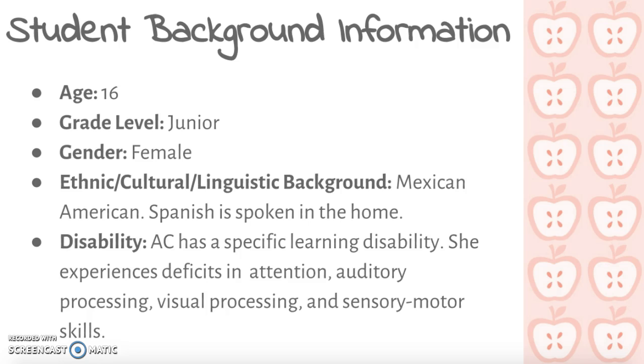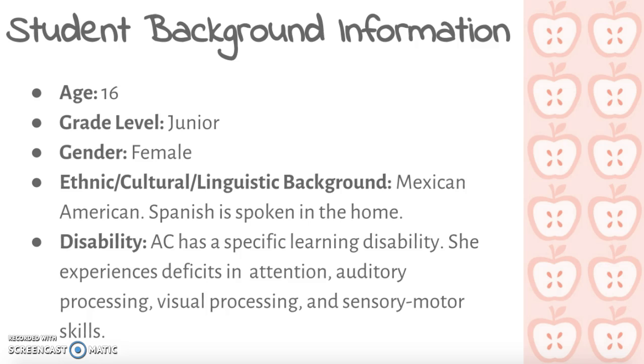Now, at first, when I learned about AC, I thought, well, so she has a specific learning disability. What does that mean? I didn't really understand that that meant she could experience deficits in different areas. So with her specific learning disability, it means that she has deficits in multiple areas, but this is the way that it is categorized.